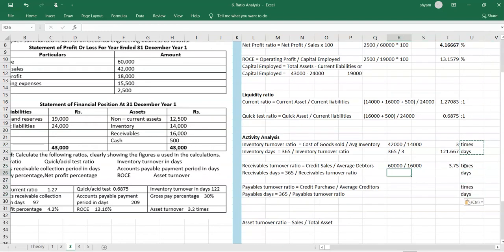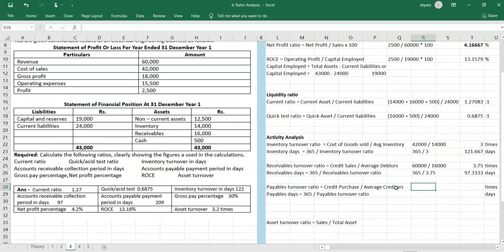So here we can take 365 divided by 3.75 and we'll get the days answer. So we'll go to the next one.